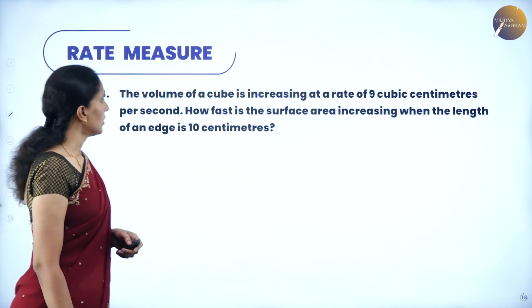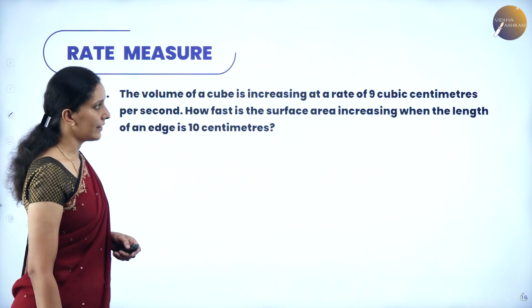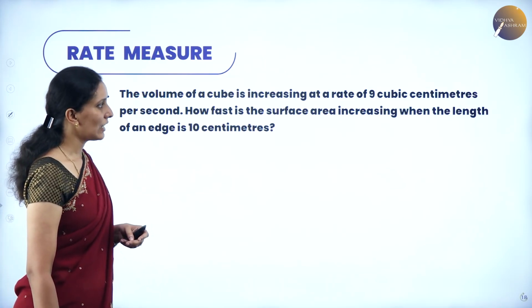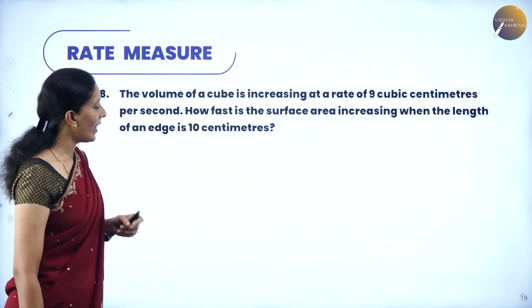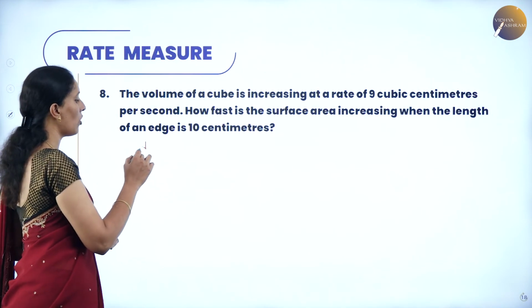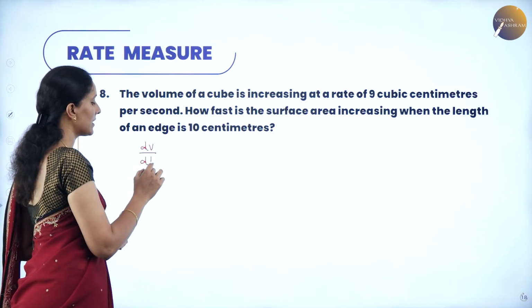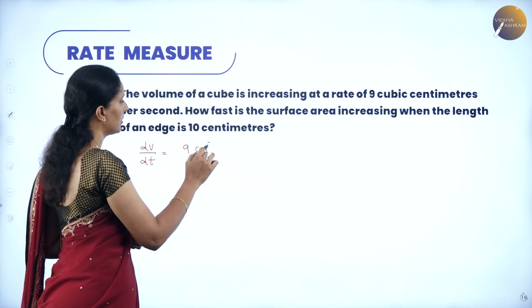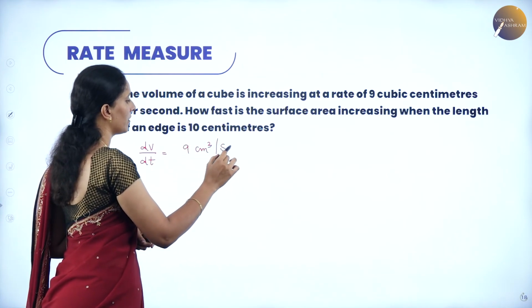Next question. The volume of a cube is increasing at the rate of 9 cubic centimeters per second. How fast is the surface area increasing when the length of an edge is 10 centimeter? So, here the change in volume of a cube with respect to time is given, that is 9 cubic centimeter per second.